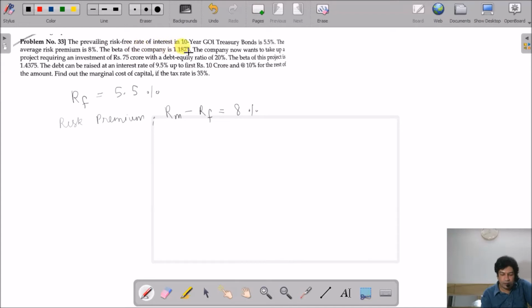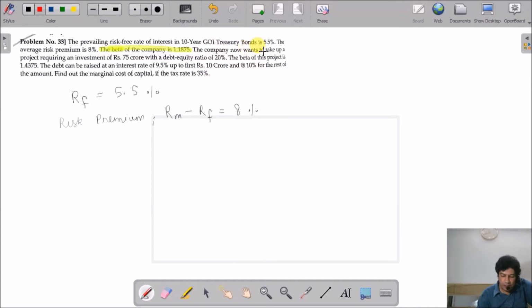Now the beta of the company is 1.1875. Here you have to be careful that we are not at all concerned with the beta of the company. We are concerned with the beta of the project, since we are going to find the marginal cost of capital. So I am shading this information, the beta of the company, which is not at all relevant. So this information is of no use.